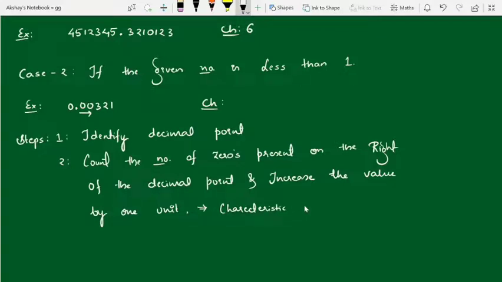And finally you have to put one bar sign.